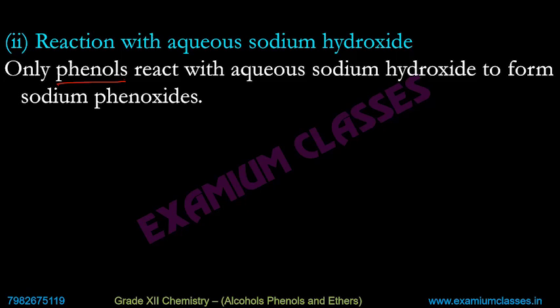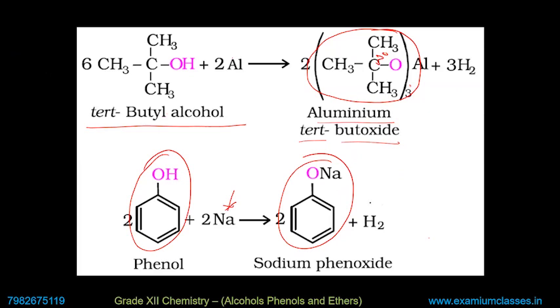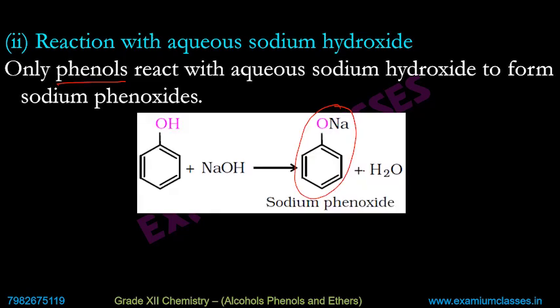So remember the product is the same, sodium phenoxide. In the previous case, we used sodium and we got sodium phenoxide. The only difference was that there hydrogen was evolved. Here, same product, but H2O is evolved. That is the only difference.